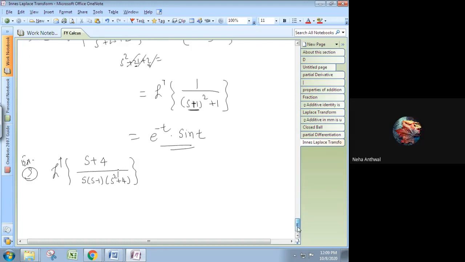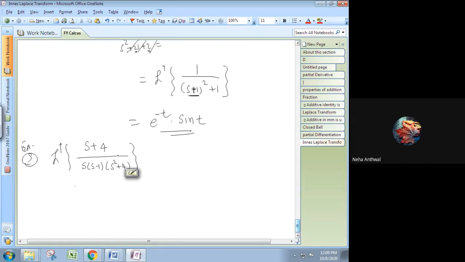So we can use a upon s, plus b upon s minus 1, plus c upon s square plus 4. अब यहाँ पे ये factor है, ये factor है, और ये second degree term है, लेकिन इसके factors नहीं लिख सकते हम, क्योंकि factors लिखेंगे तो complex में आएंगे.